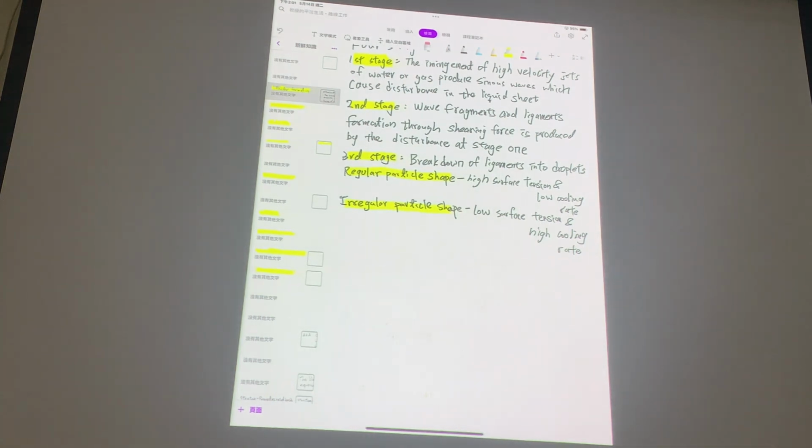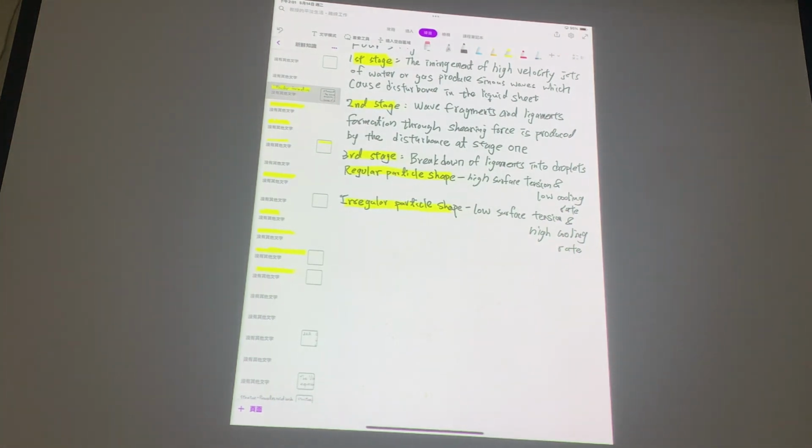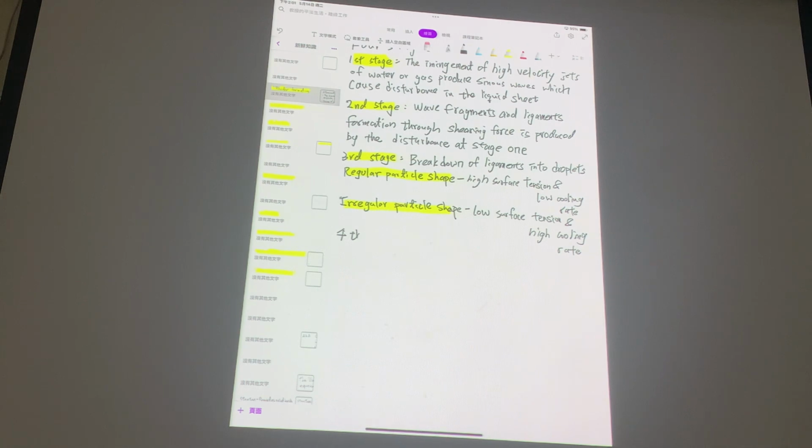Alright? So moving forward, the fourth stage. So what does the fourth stage have?